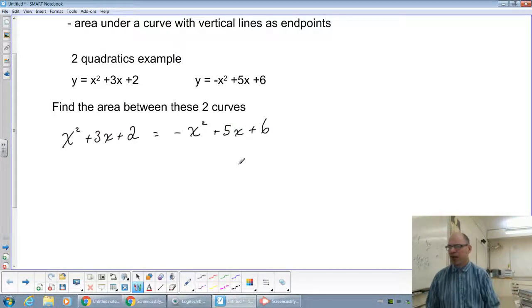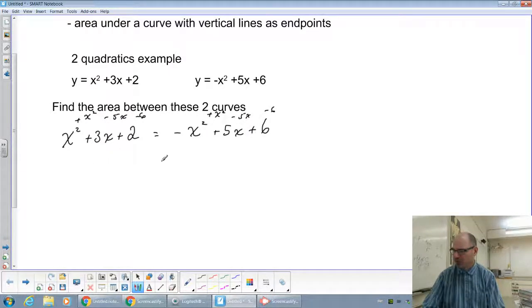So we have to make a quadratic out of this. So I'm going to bring everything to the left. So I'm going to add an x squared, subtract a 5x, and subtract a 6 on both sides. So this is going to become 0 when we eliminate all of those.